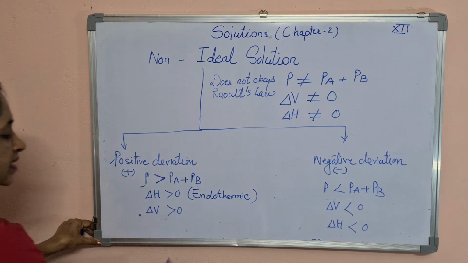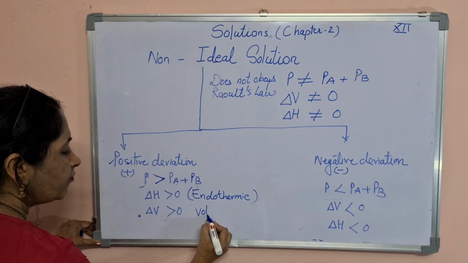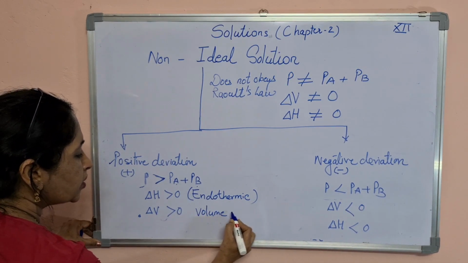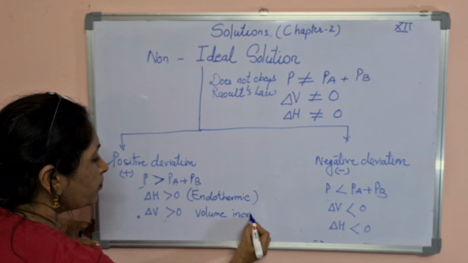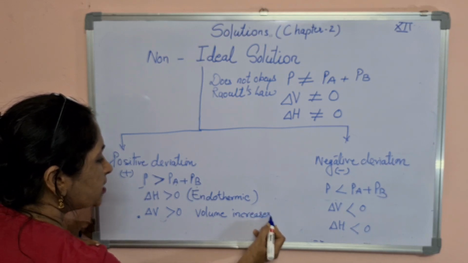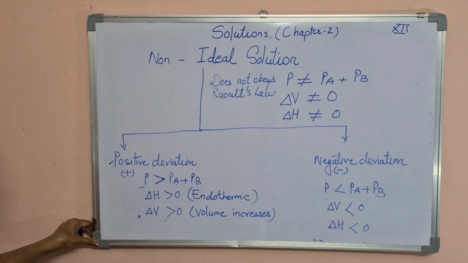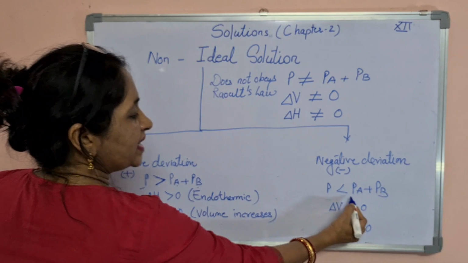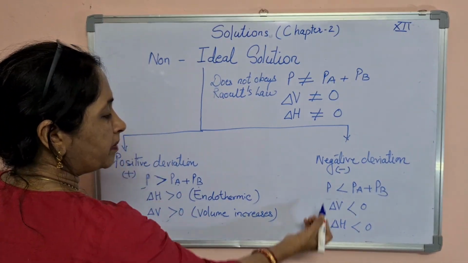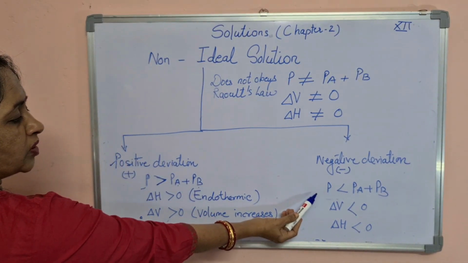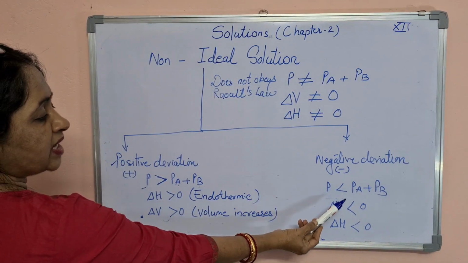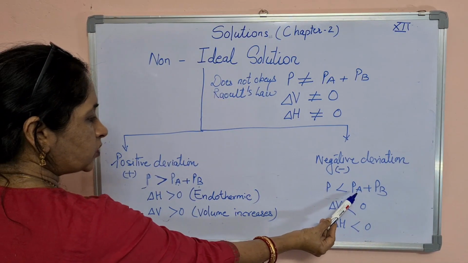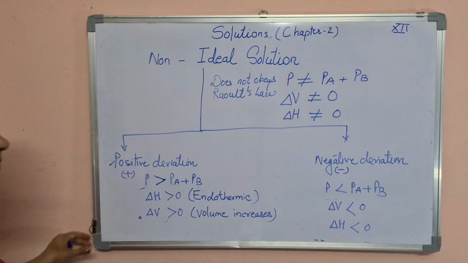Delta V is greater than 0. It means that after the formation of the solution, the volume increases. Volume of the solution increases. Negative deviation solutions: P is less than PA plus PB. It means the vapor pressure of the solution is less than the sum of the partial vapor pressures of solvent and solute.